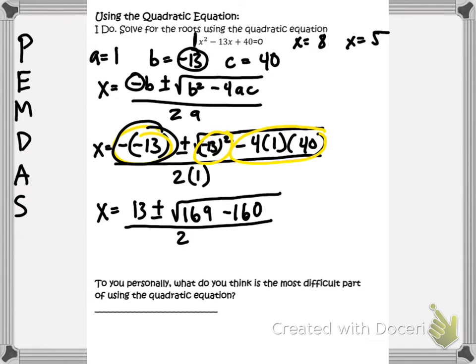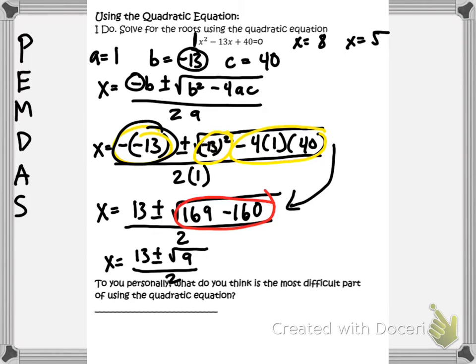This huge step cleans up a lot of the math. The more you can do, the faster it goes. Alright, next we're going to go ahead and simplify the inside by subtracting this, or adding it, depends on whatever the sign is. So I have x is equal to 13 plus or minus the square root of 9 over 2.